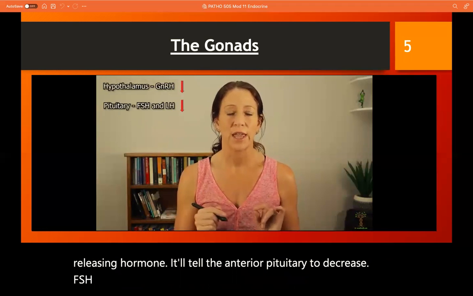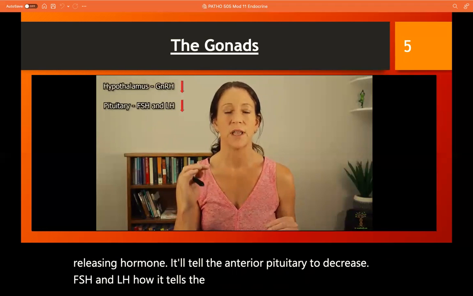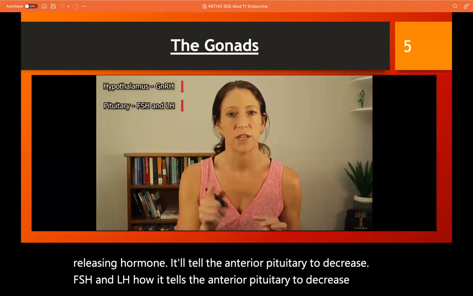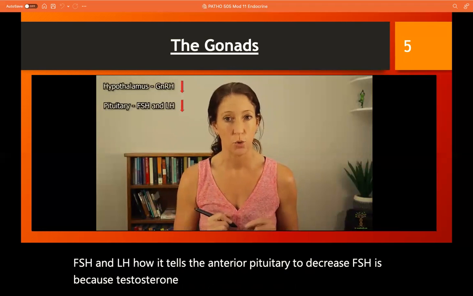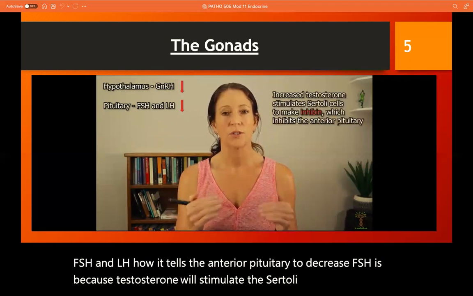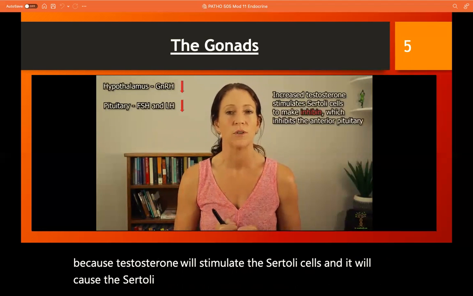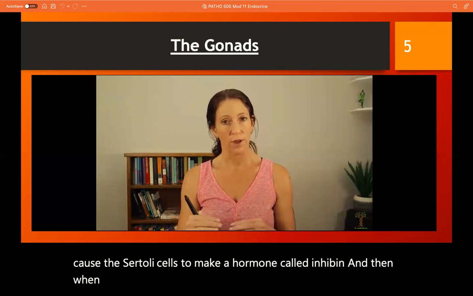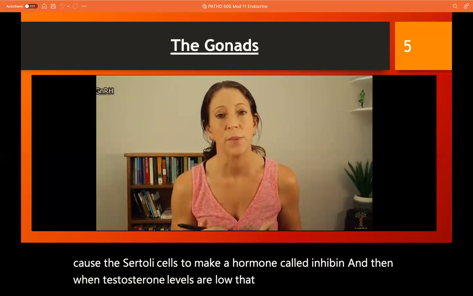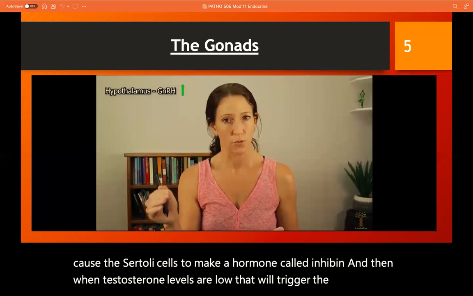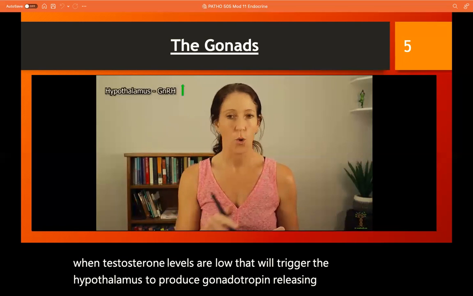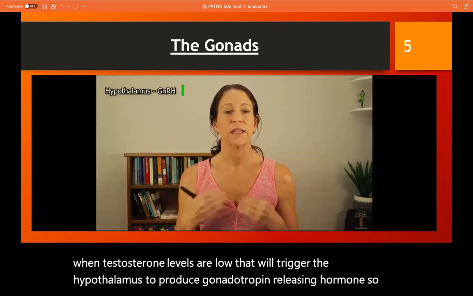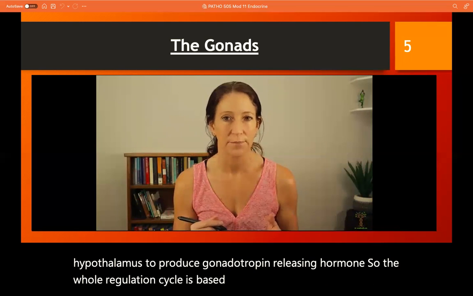It tells the anterior pituitary to decrease FSH because testosterone will stimulate the Sertoli cells, and cause them to make a hormone called inhibin. And then when testosterone levels are low, that will trigger the hypothalamus to produce gonadotropin releasing hormone. So the whole regulation cycle is based on negative feedback.